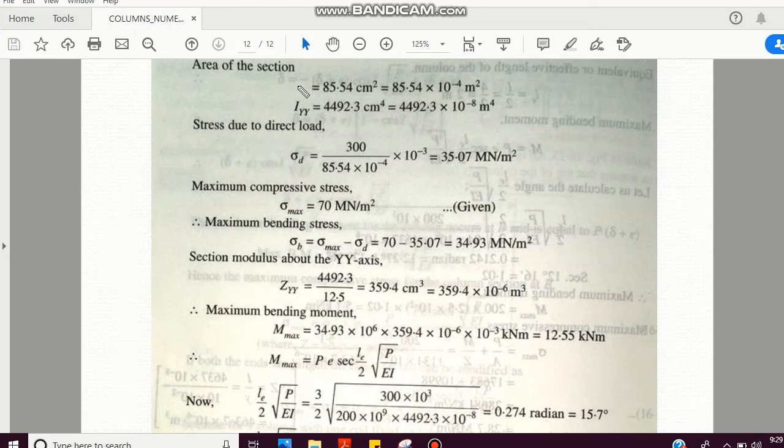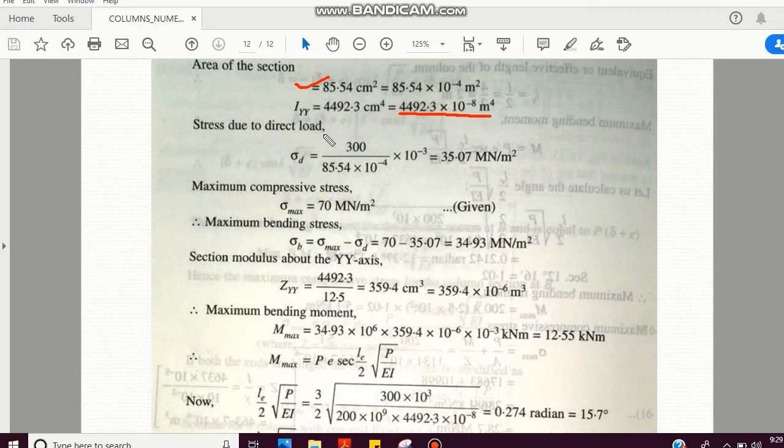So the area of the section is 85.54 centimeter square, or 85.54 into 10 to the power minus 4 meter square, and the moment of inertia about the YY axis, which is passing through its CG, is 4492.3 into 10 to the power minus 8 meter to the power 4.